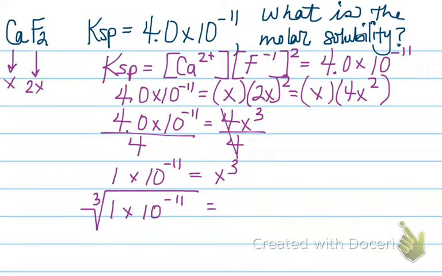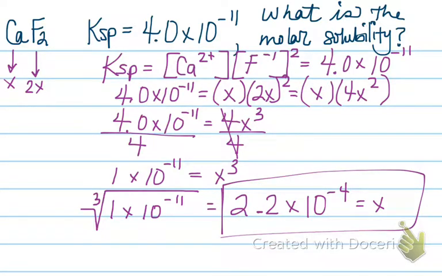When I did that, I got 2.15, so I'm going to round that to 2.2. Sometimes the decimal points are not easy to write on this. So 2.2 times 10 to the negative 4th. And that is our value of x, and that is our molar solubility.